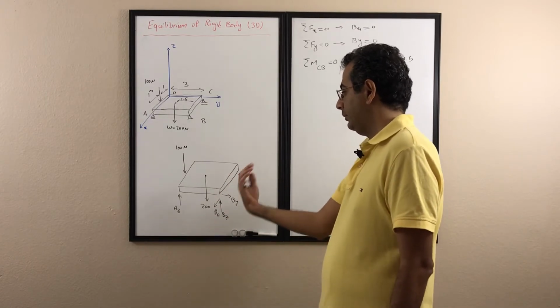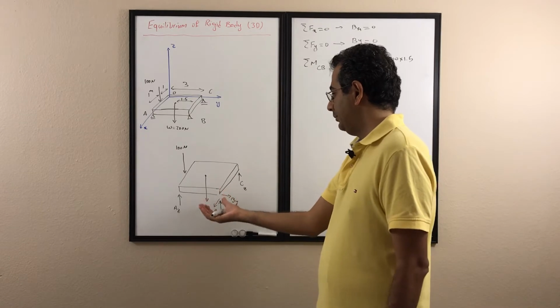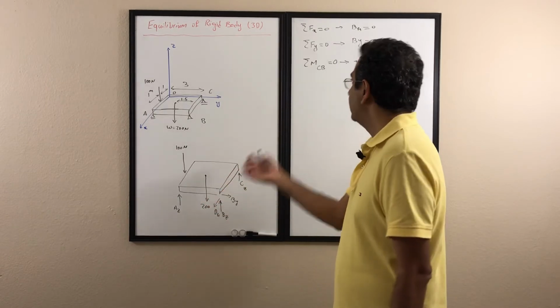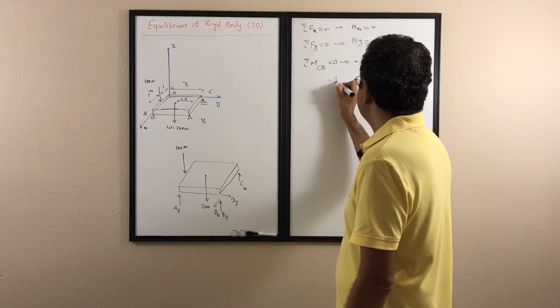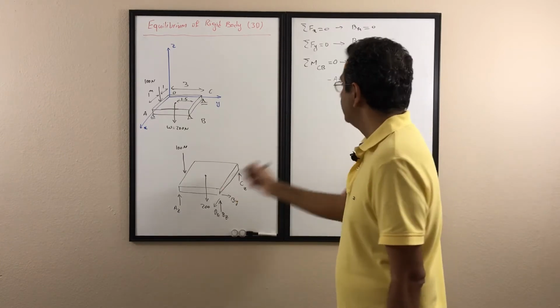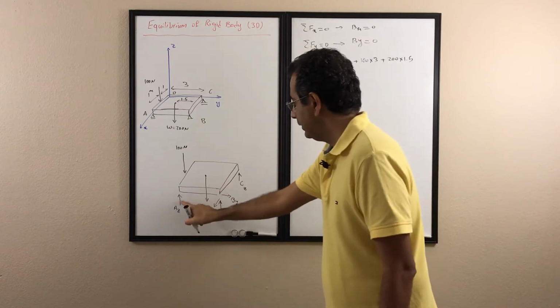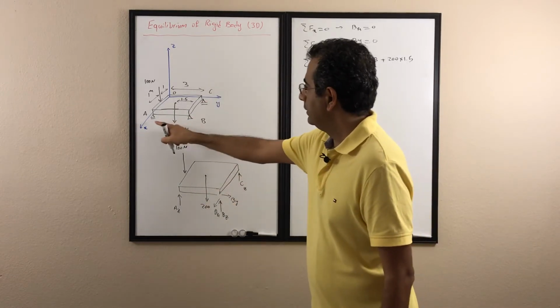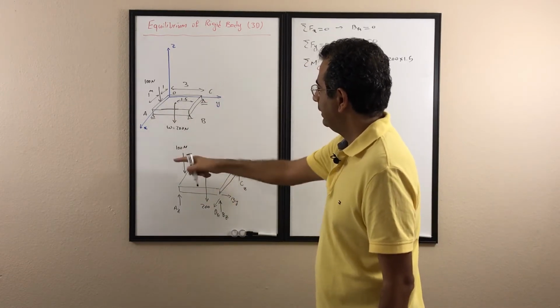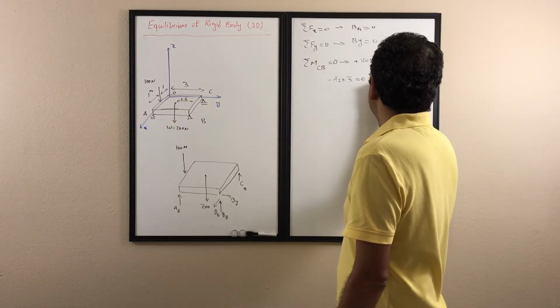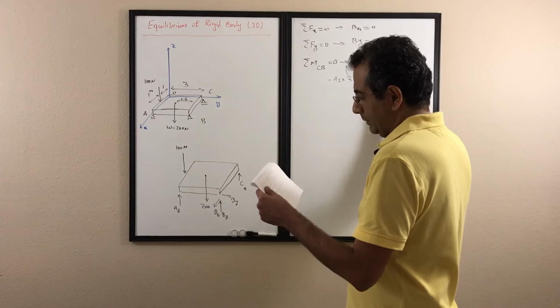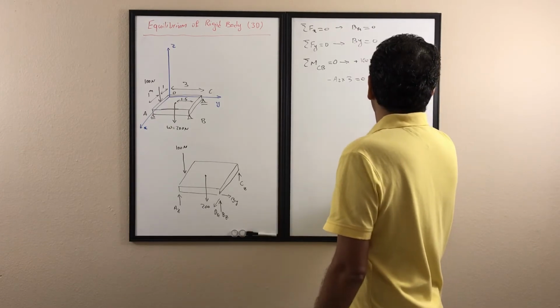If it rotates like that, my thumb is toward the board, so it's going to be negative AZ times 3. Again, the distance of A to axis CB is just 3. The sum is 0, and it tells me the AZ is 200 Newton.